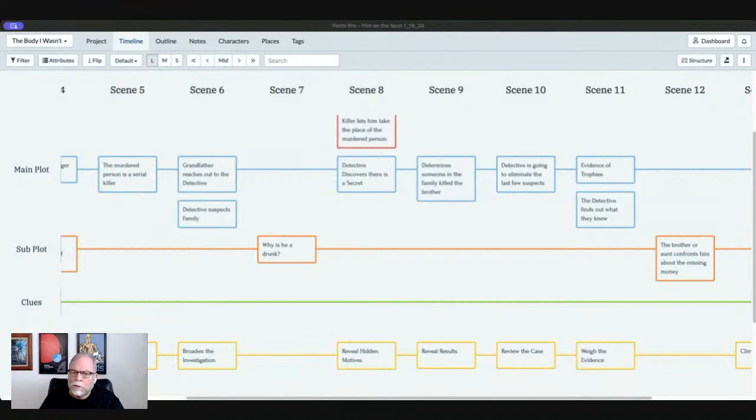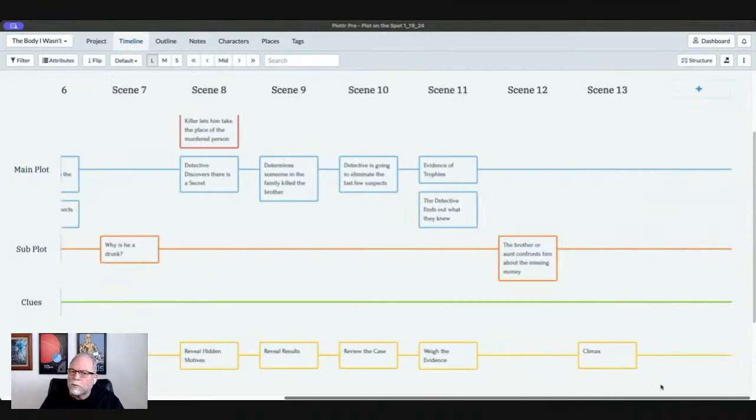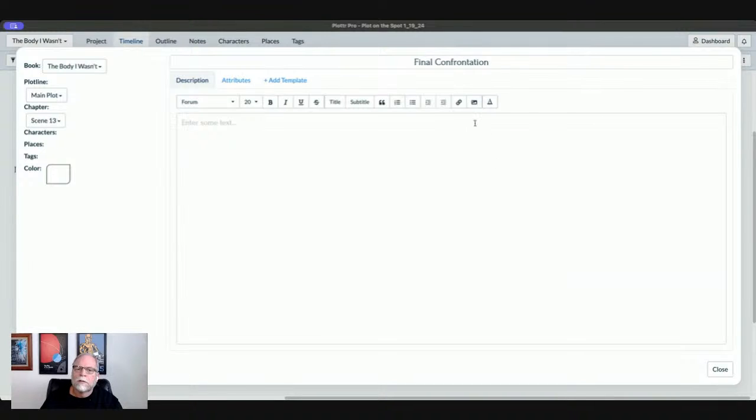Okay. So now we're almost to the point where we come down and we have a climax, so we have the final confrontation. This is the final confrontation. And this is where the brother and aunt confront the detective, and he calls them out on the murder.